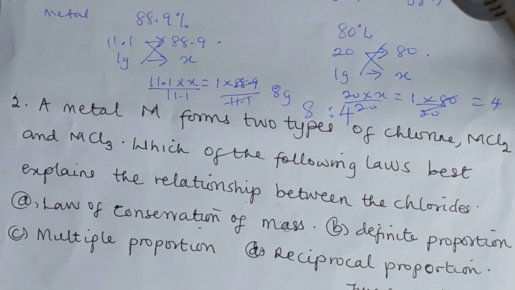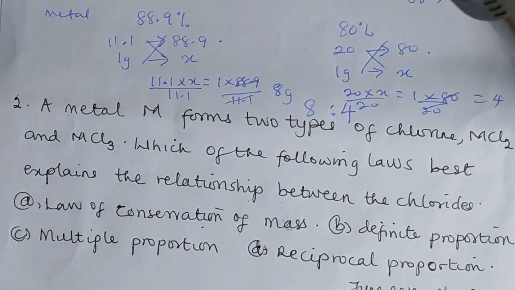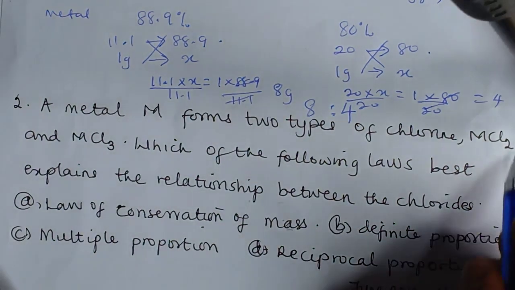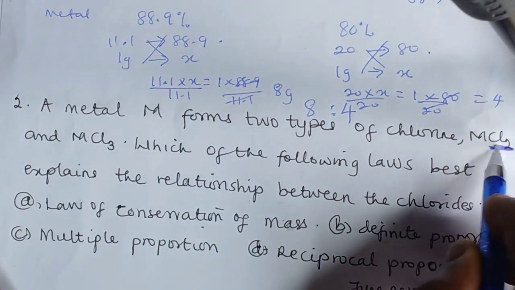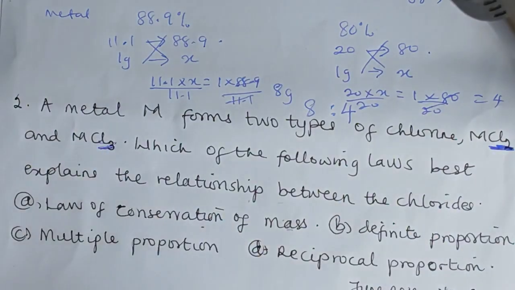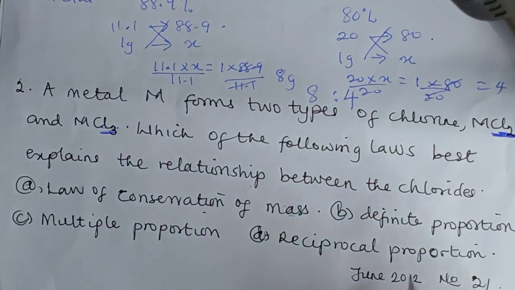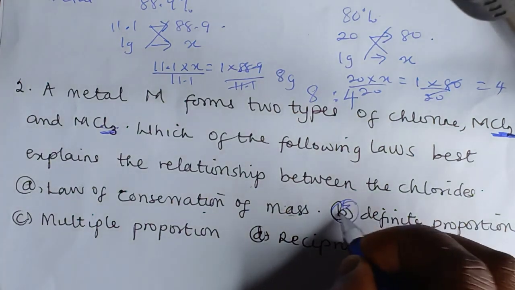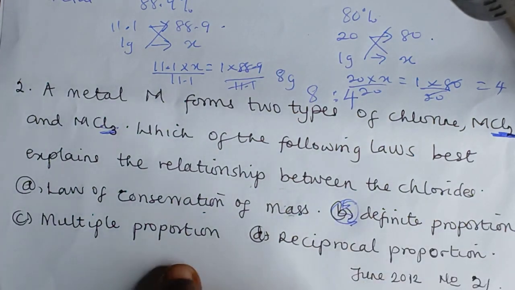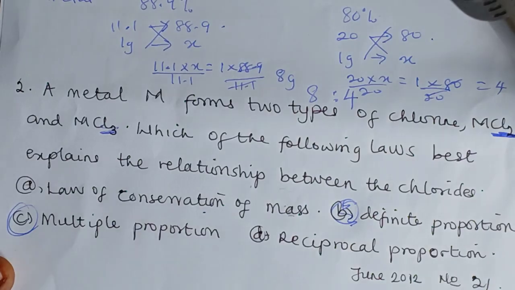So the best answer here is the law of multiple proportion, because we are dealing with the mass of the chlorine that is changing. So this is supporting the law of multiple proportion, which is C.